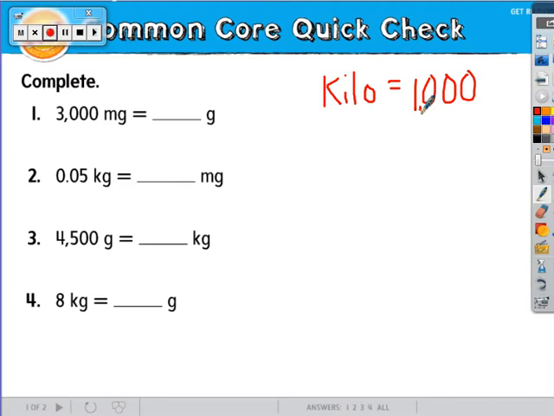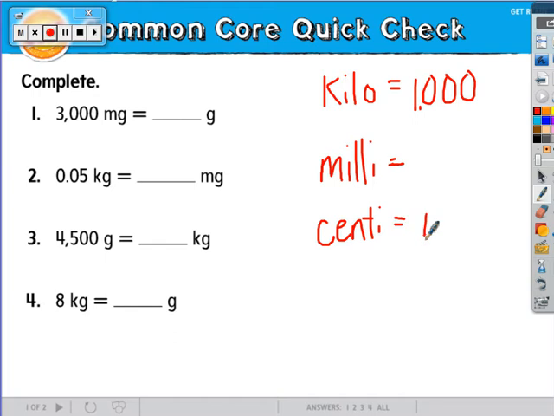Okay. The next one we want to talk about is milli. What is milli? Million. No, it is not a million. Centi is 100.